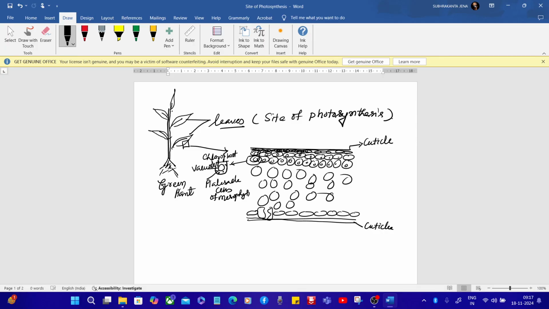So this layer is the epidermis, and this is the layer of palisade mesophyll cells. There will be palisade mesophyll cells. This is the nucleated structure.